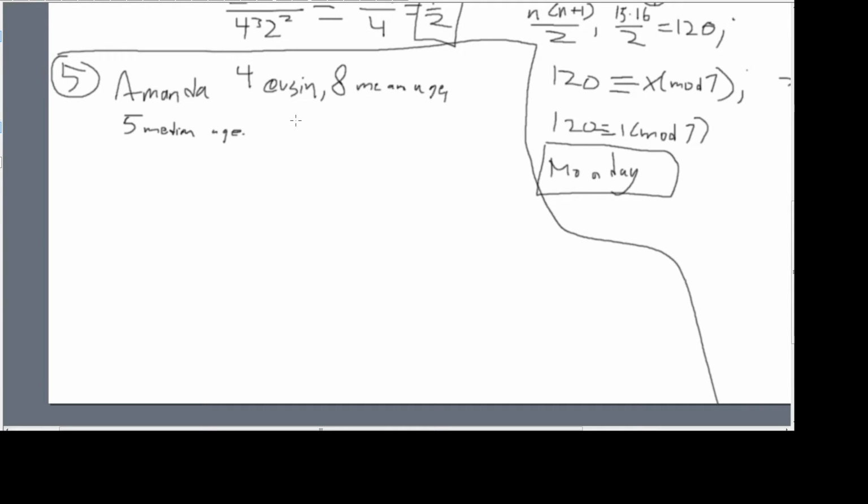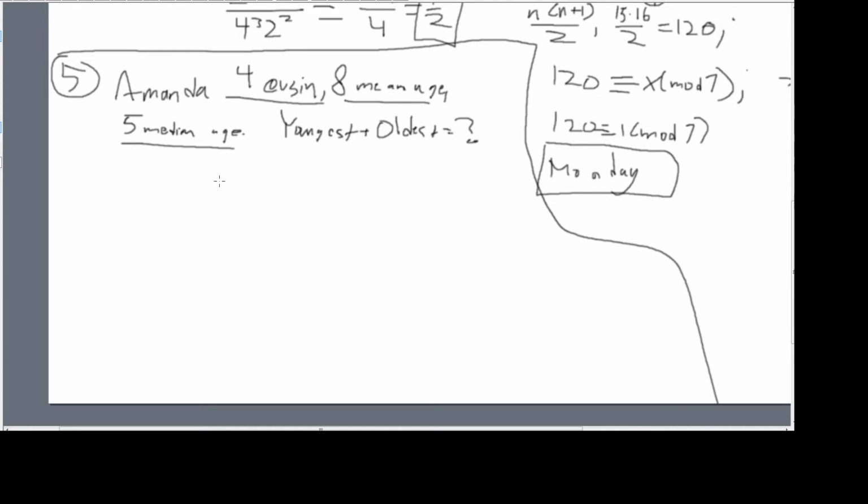So sum of youngest age plus oldest. So now there's going to be 4 terms because she has 4 cousins, and the mean is going to be 8.